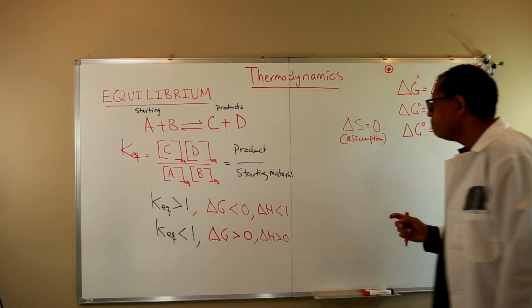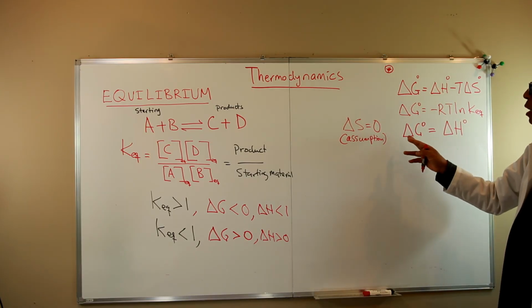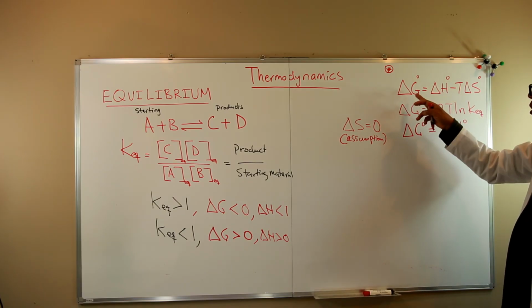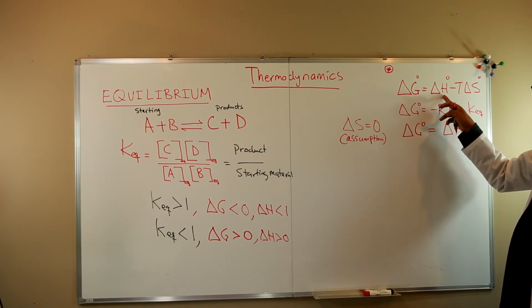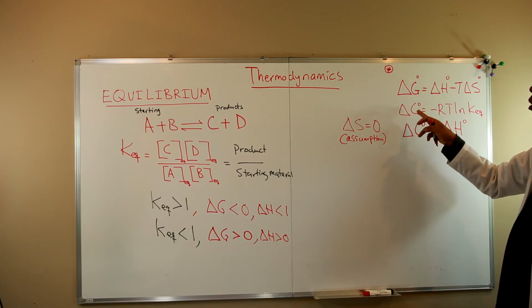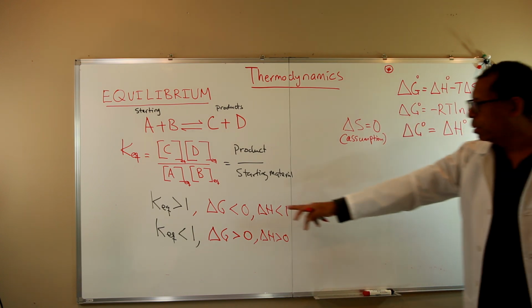So here are these two equations, where the assumption of entropy close to 0 means both free energy and enthalpy are the same, and the free energy, or delta H for that matter, can be related to the equilibrium constant.